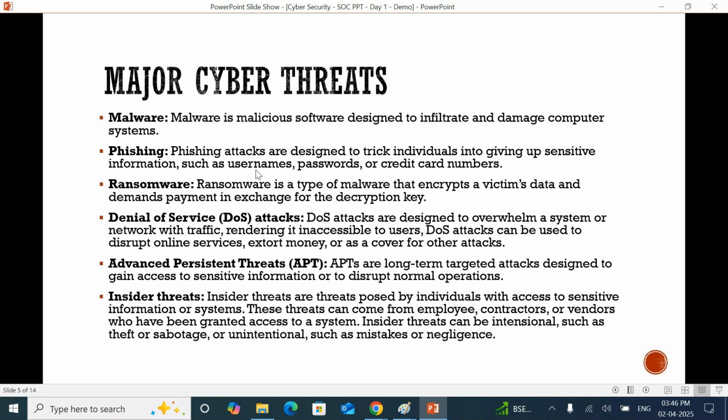Same like that, ransomware is whatever sensitive and important information we have being encrypted with the attacker's algorithm. If you want to access it, the decryption key is needed. You don't have the key, so you need to go to the attacker, pay some money, and take that key. This is considered a ransomware attack.